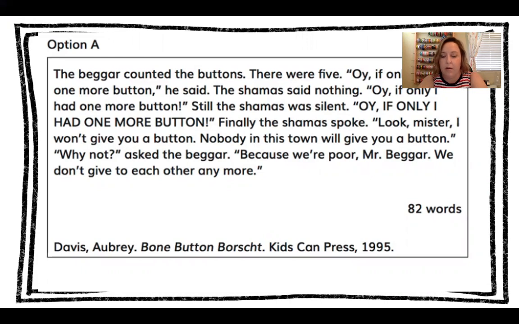There's just a few comprehension questions about the story of Bone Button Borscht. And I put the pictures in there so you can look at the pictures and some of those words to help you refresh your memory. So make sure while you're answering those questions, you go back and read those pages because they will help you answer the questions.